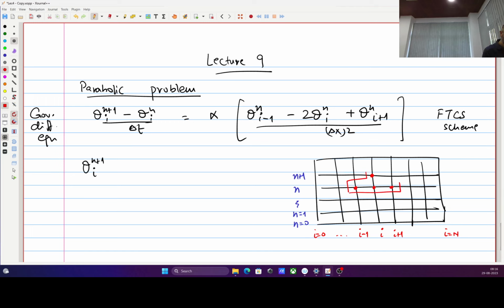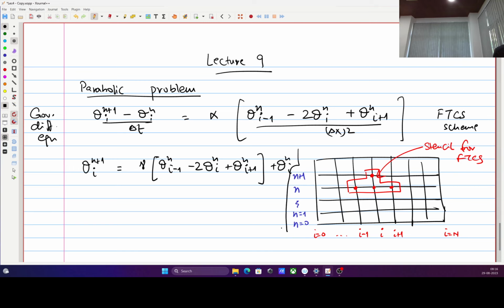So that gives us this kind of a stencil for the scheme. So this is the update formula for finding theta n plus 1 at a given position I.